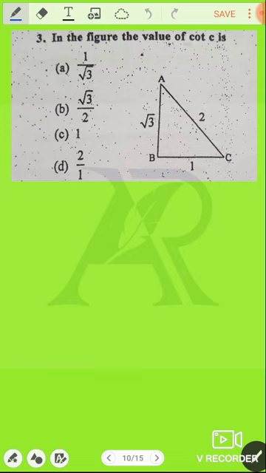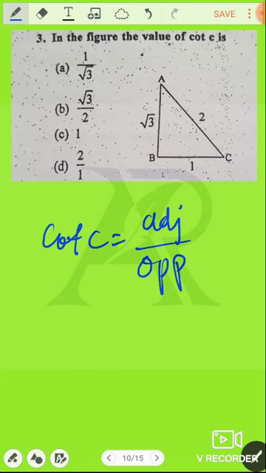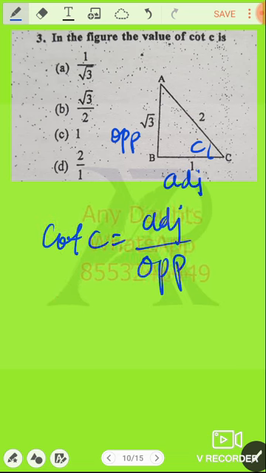In the figure, the value of cot C is. We need to find the value of cot C. By the trigonometric ratios, we can write cot C is equal to adjacent by opposite. In this, the angle C is this one. Side opposite to angle C is this one, and this will become the adjacent side of angle C, and the side opposite to 90 degree will become hypotenuse.